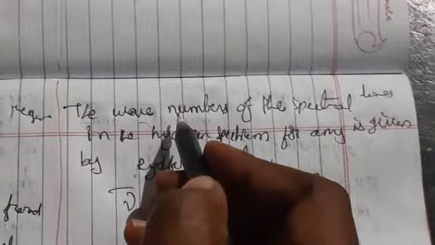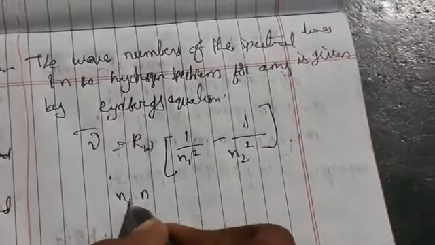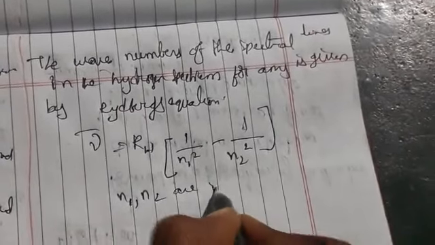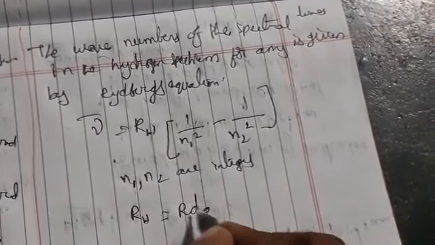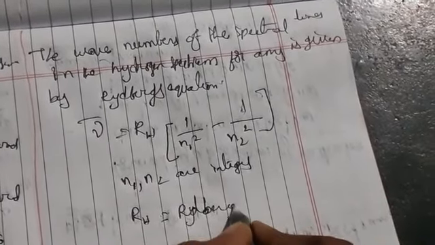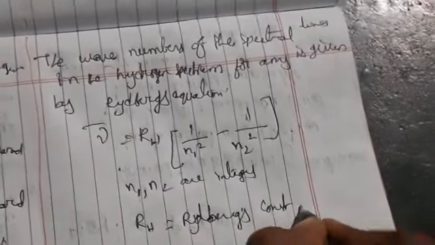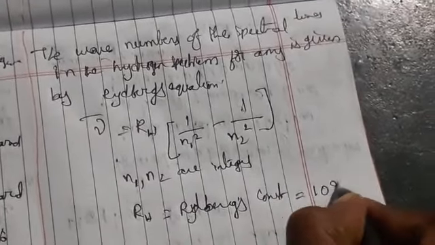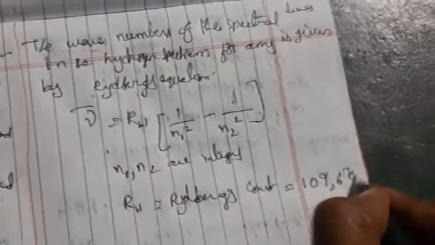For hydrogen-like species, n1 and n2 are integers. The value of the Rydberg constant is 109,678 centimeter inverse.